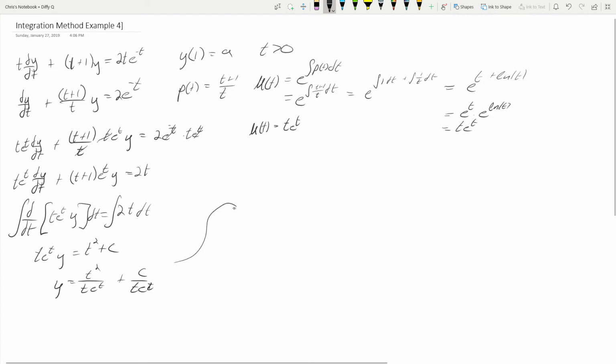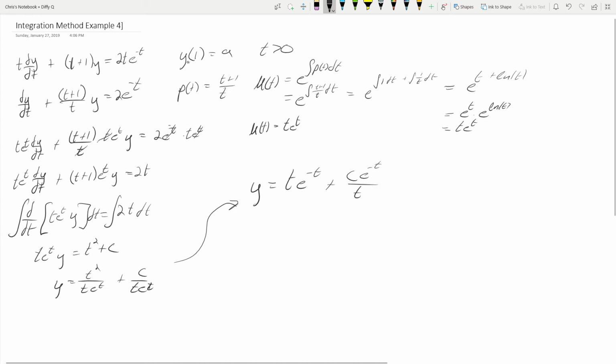That one t is going to cancel out, so y is equal to t e to the negative t plus c e to the negative t divided by t, and that is going to be our general solution.